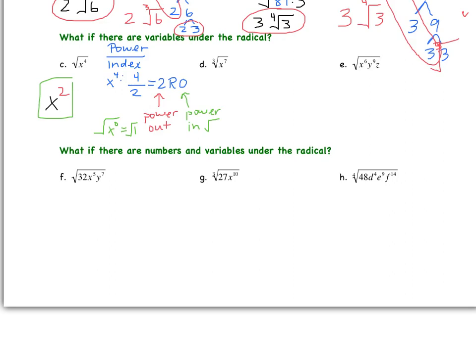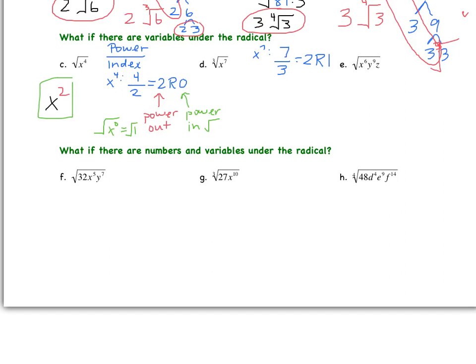Okay, this comes in handy when we start dealing with different indexes. All right, so let's take a look at D, the cubed root of x to the 7th. When we're simplifying the cubed root of x to the 7th, I take my power, 7, and divide it by the index, 3. 3 goes into 7 2 times with a remainder of 1.